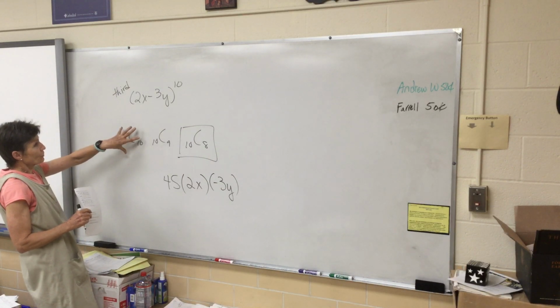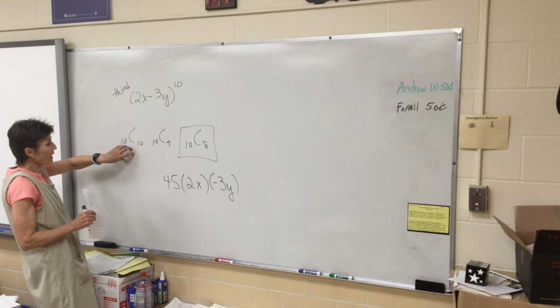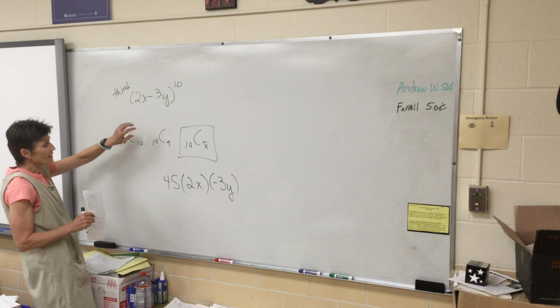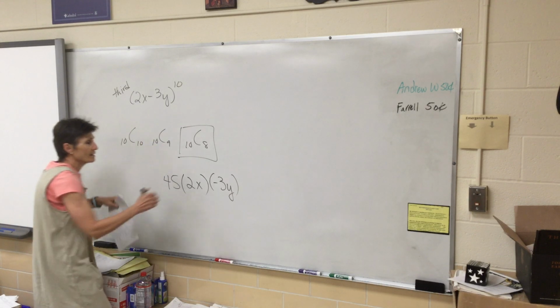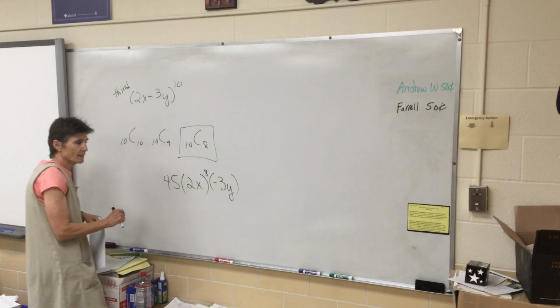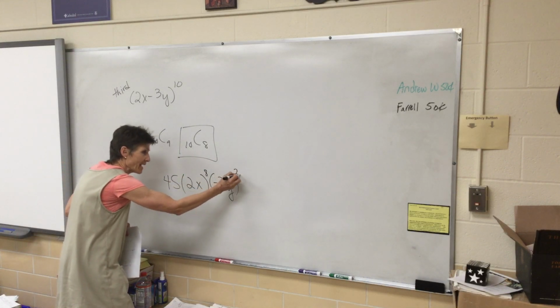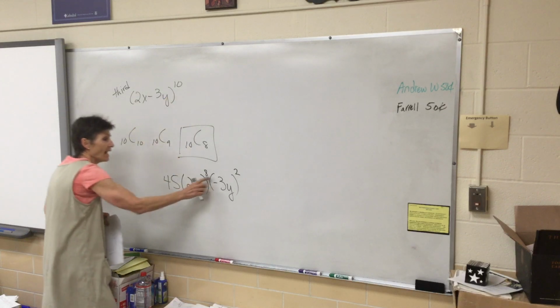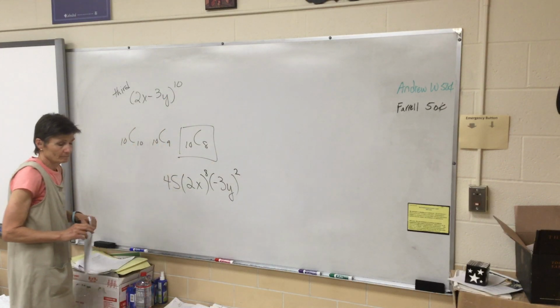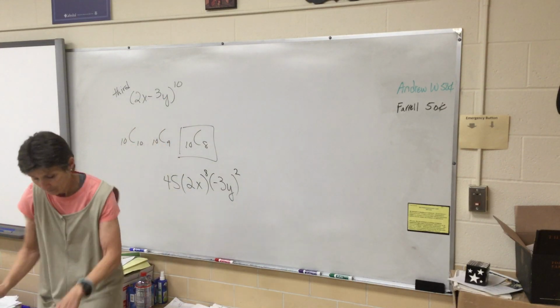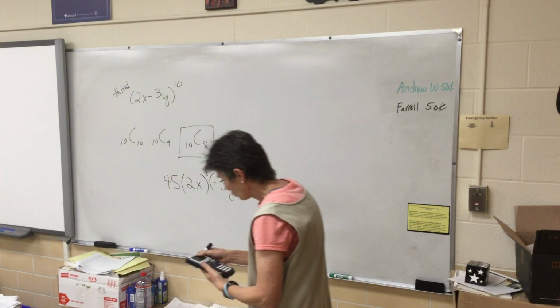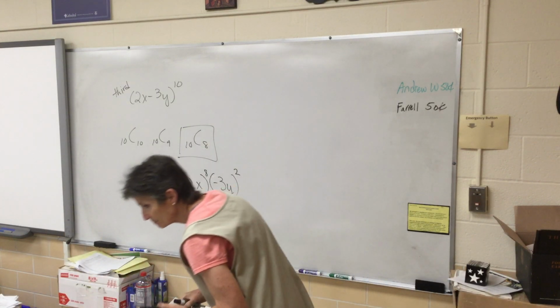In the first term, if I had a 2x, it would be to the 10th. Here would be the 9th, here it's to the 8th. If that's an 8, that's a 2, because they got to add up to 10. Anybody have a question about that setup?